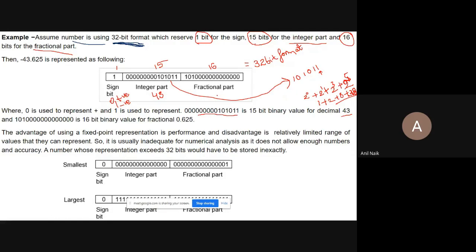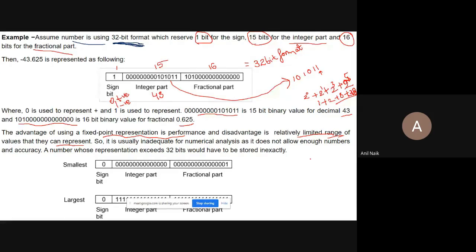Similar to that, this 16-bit fractional part is 0.0625. The advantage of using the fixed point representation is the performance, and the disadvantage is the relatively limited range of values that it can represent.